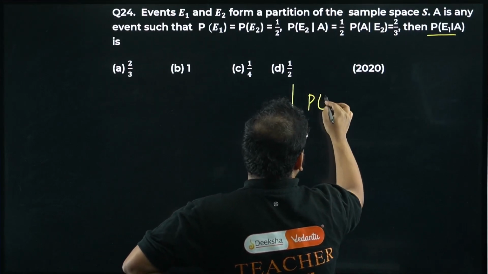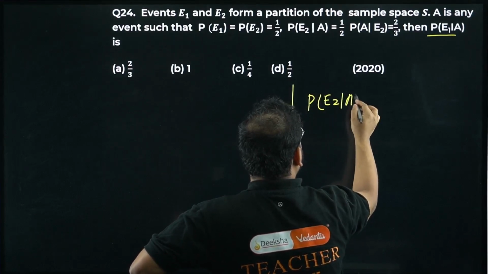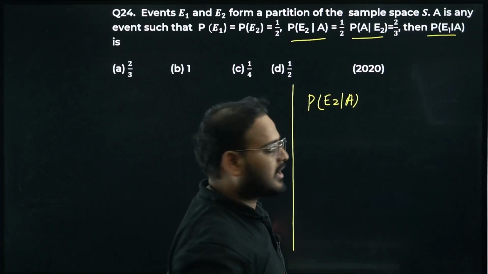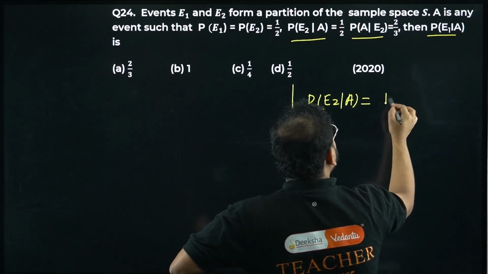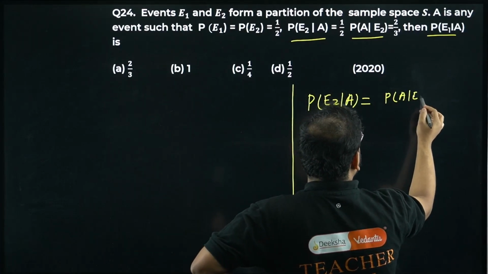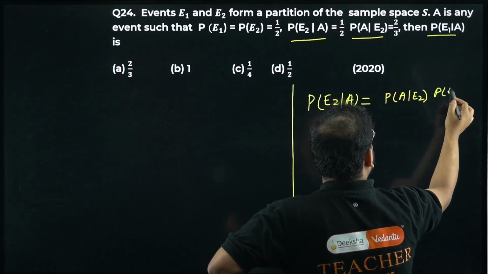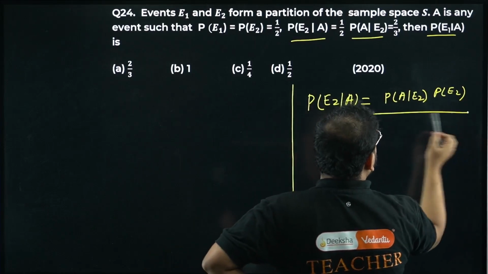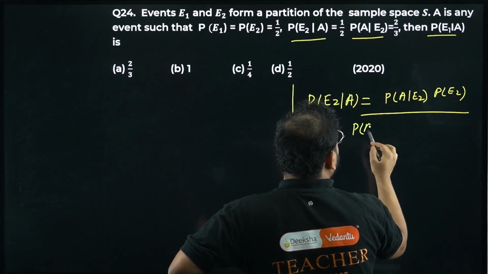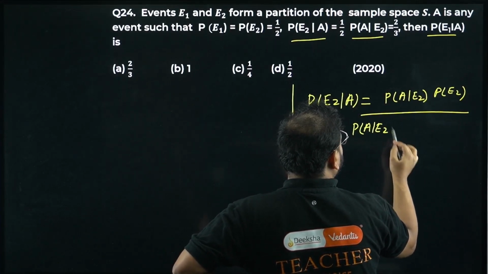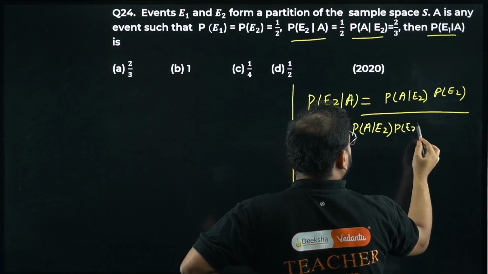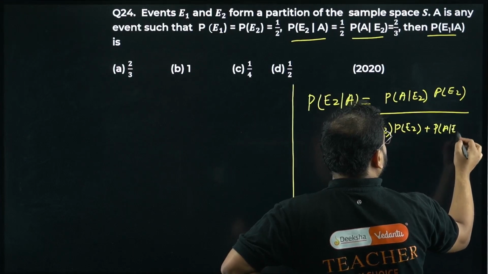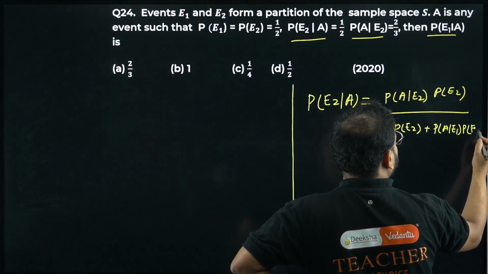They've given P(A|E2) also. This is your clue how to use Bayes theorem. How do you write P(E2|A)? We write this as P(A|E2) times P(E2), divided by the total probability: P(A|E2) times P(E2) plus P(A|E1) times P(E1).